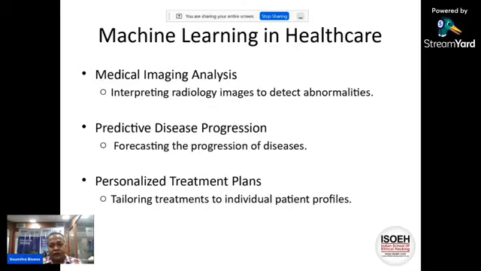So given a particular dose of medicine, one patient will heal faster than the other, and it depends on a lot of things. If we can customize treatment according to individual patients, that will be very, very helpful. That will make the whole treatment process more accurate.